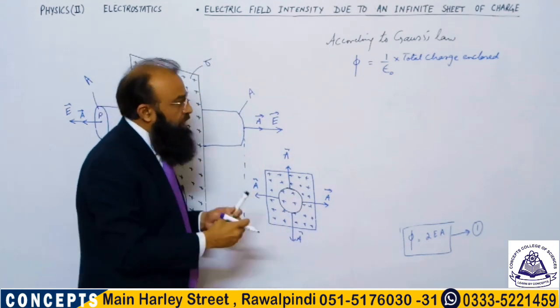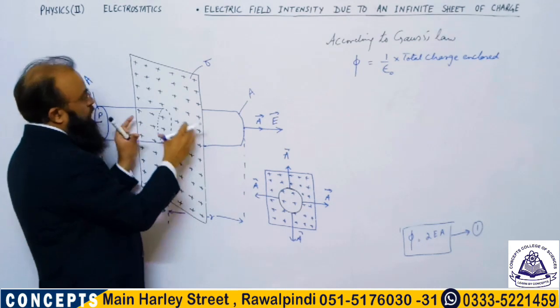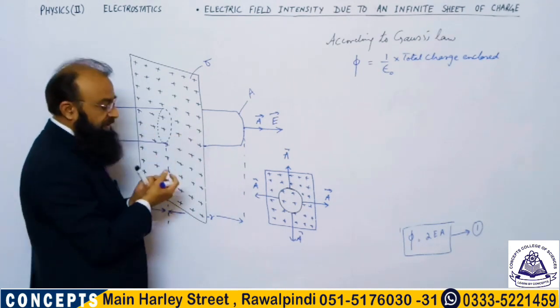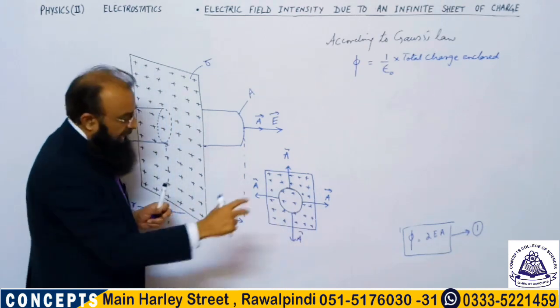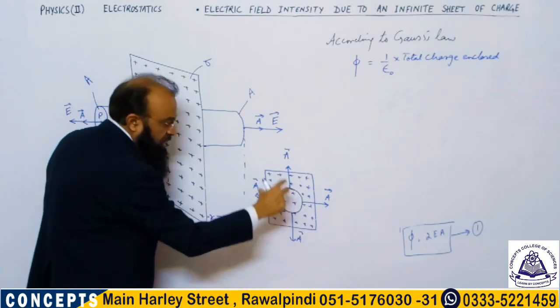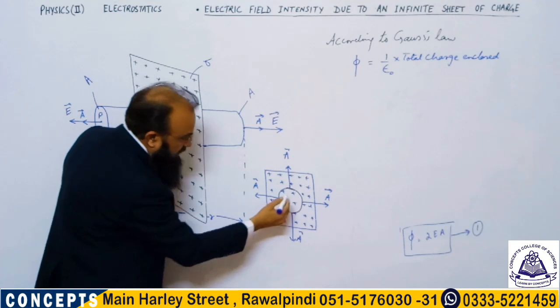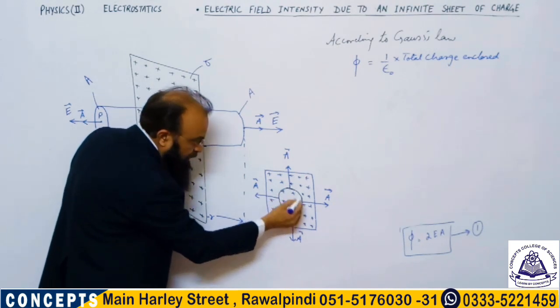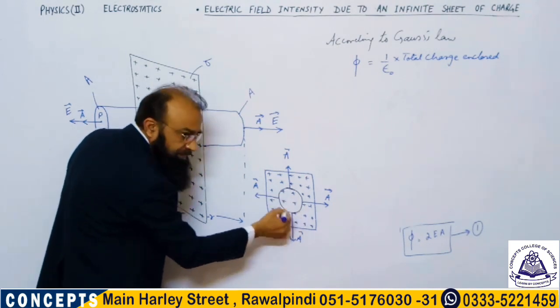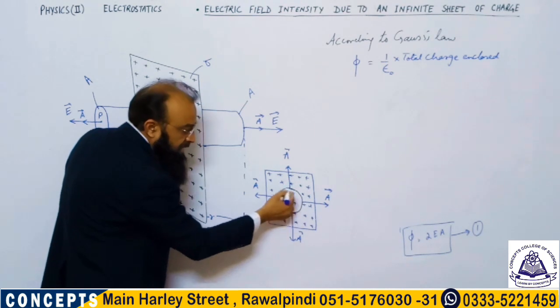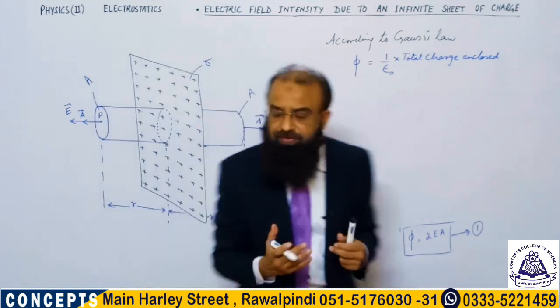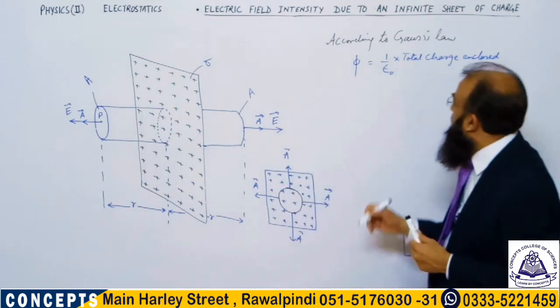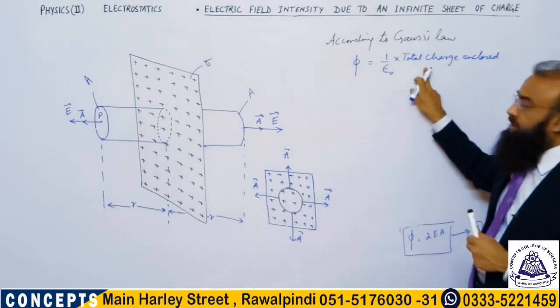Now we have to find out how much charge is enclosed by this Gaussian surface. For that, just look at this figure again. As this cylinder is passing through this sheet, this cylinder is enclosing this much charge, and this cylinder was our closed surface. And how do we find that total charge enclosed?